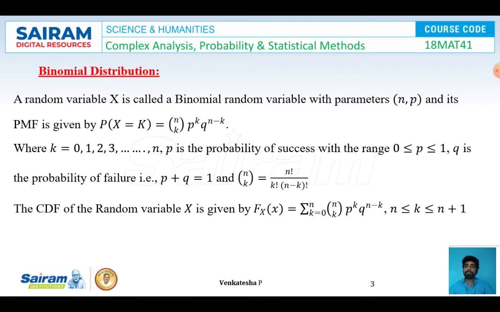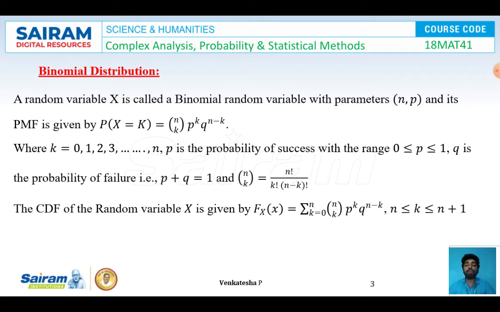Binomial distribution. A random variable x is called a binomial random variable with parameters n, p, and its probability mass function is given by P(X = k) = nCk p^k q^(n-k), where the range of k is 0, 1, 2, 3 and so on till n, and p is the probability of success with the range 0 ≤ p ≤ 1, and q is the probability of failure, that is p + q = 1.